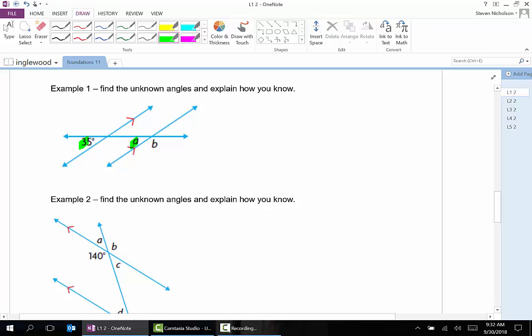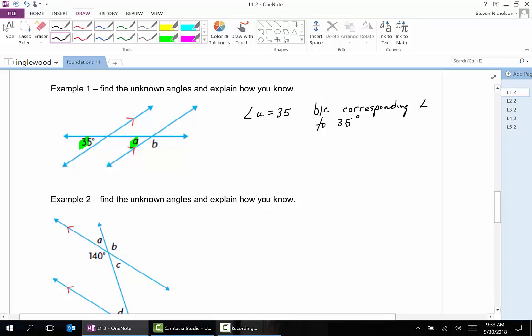They are on the same side of the transversal and to the left of the parallel lines. So given that they are corresponding, angle A has to equal 35 degrees because it is a corresponding angle. So again, we don't have to measure it, we just use this relationship.